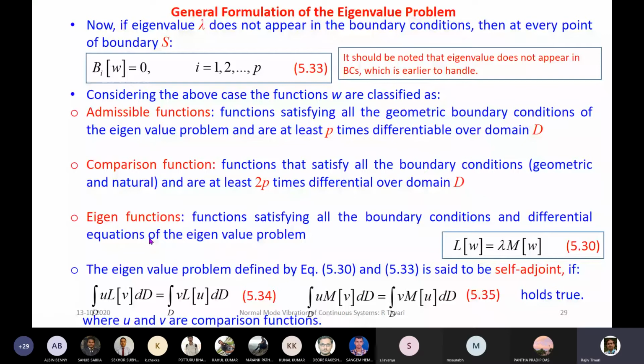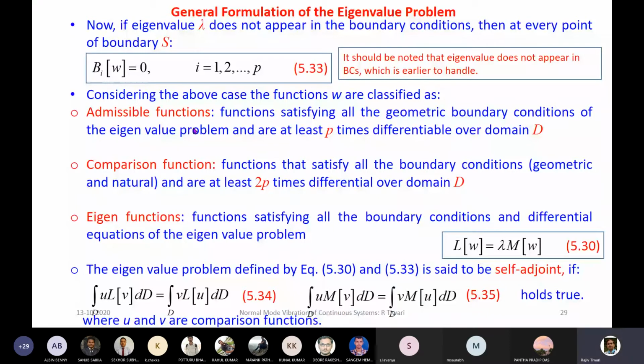So in this chapter, we will be aiming for the eigenfunction, which is the closed form or exact solution of the differential equation, the eigenvalue problem. But in the subsequent chapter, we'll go for the comparison function or the admissible function, because for more complex geometry or boundary conditions, they are difficult to solve.